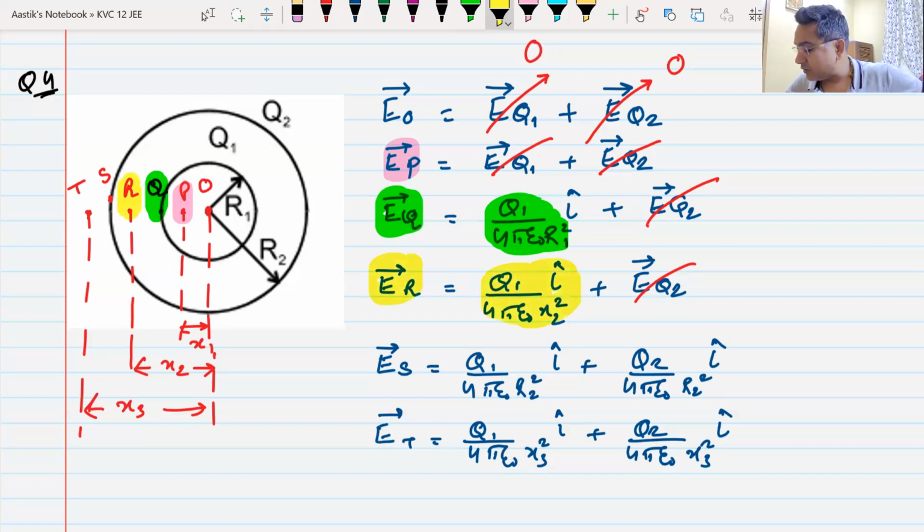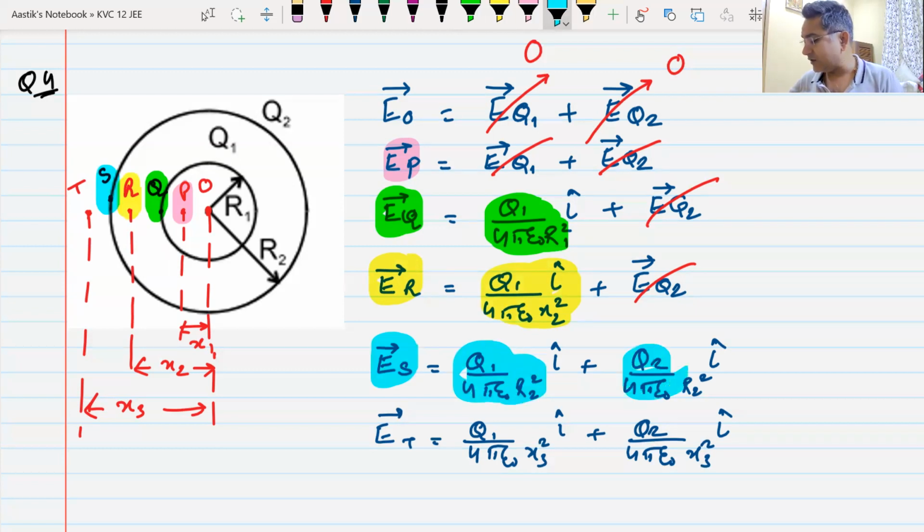The electric field is only due to the inner shell. The electric field due to the outer shell is still zero. Point S is on the surface of the outer shell, so the electric field will be created by the inner shell as well as the outer shell. We just put the formula.